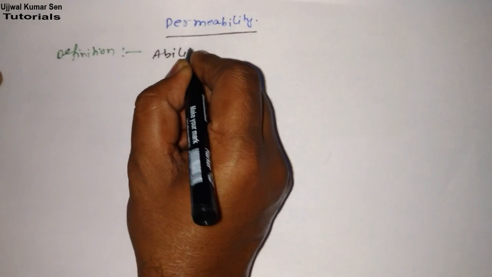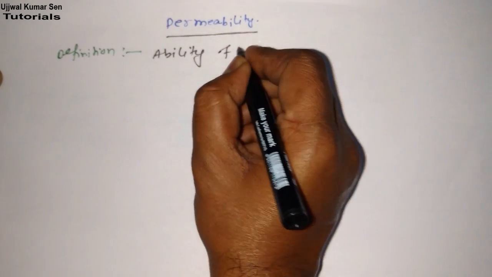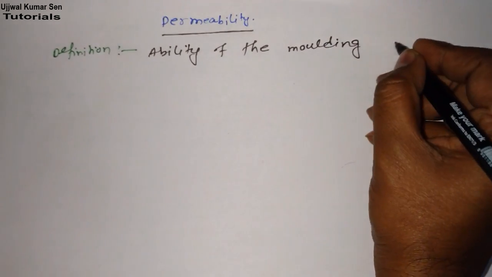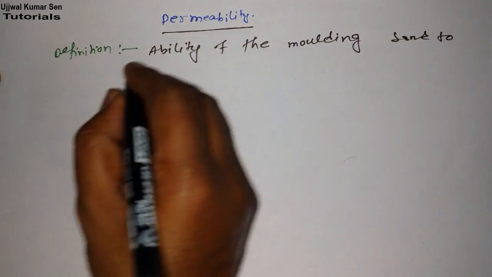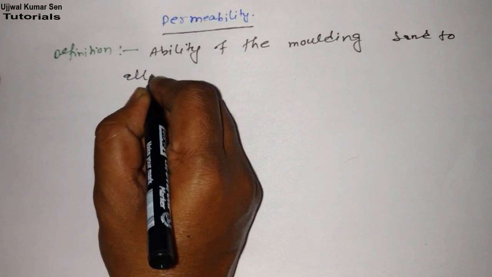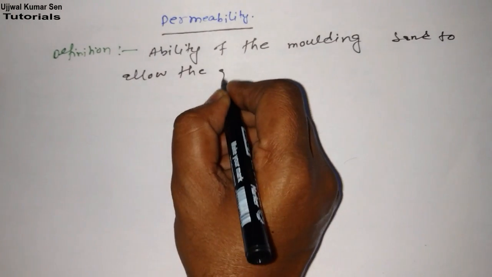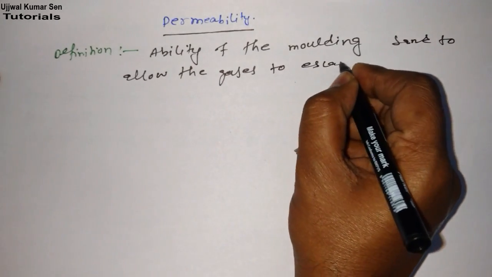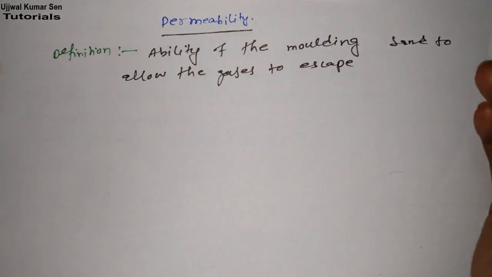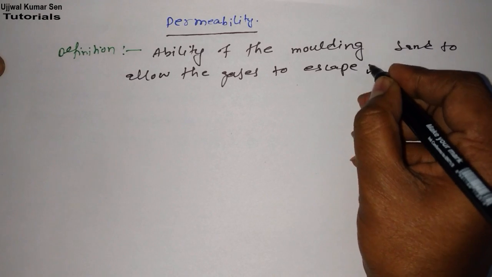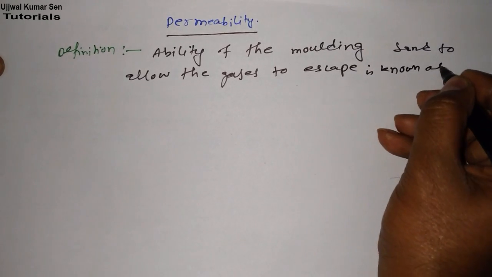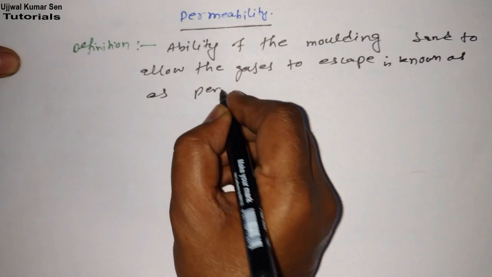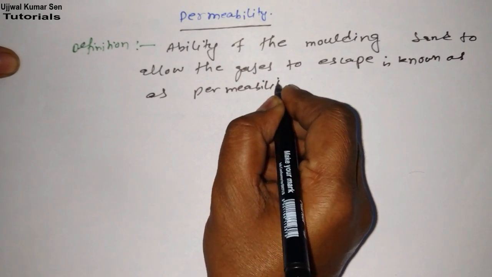The ability of the molding sand to allow the gases to escape is known as permeability.